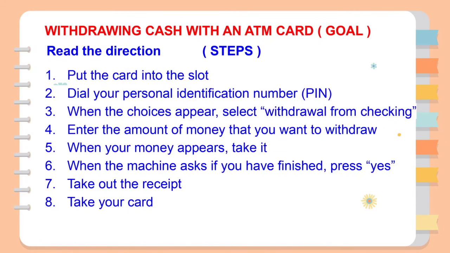So where is the material or the ingredients? Well, the instructions do not have materials or ingredients, only steps and goal. Well, the first step is put the card into the slot.